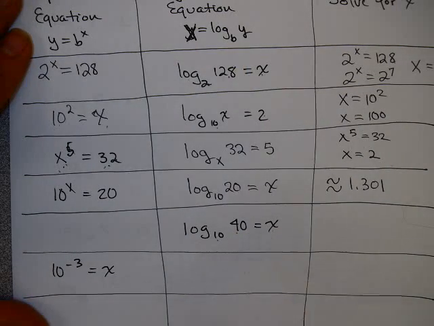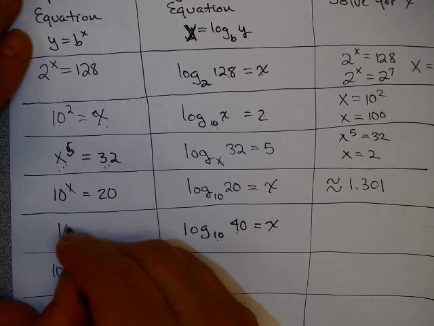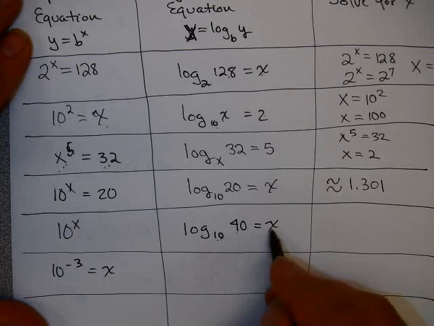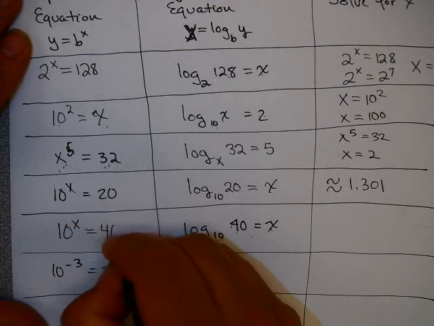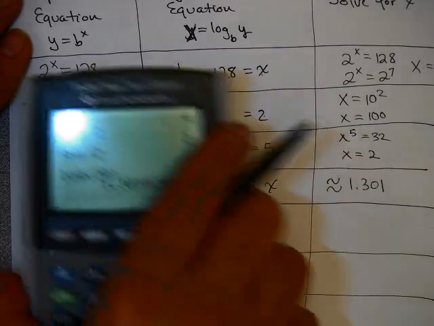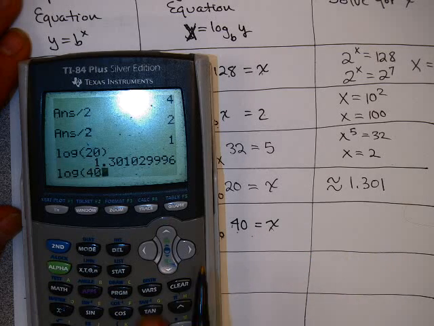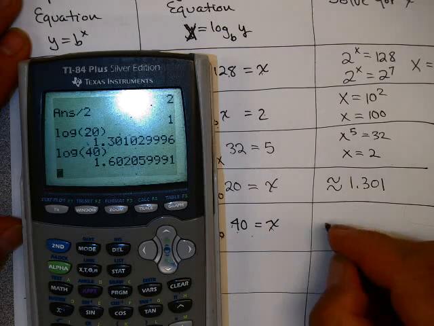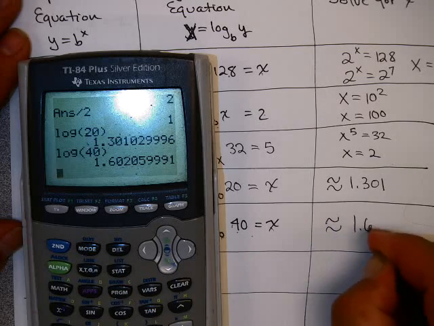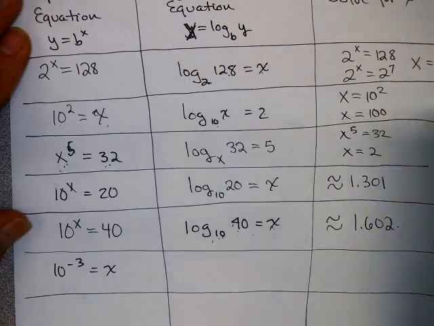Log base 10 of 40 equals x is the same as the exponential function 10 to the x equals 40. Again, because I'm given log base 10 here, I can write down log base 10 of 40, and that gives me approximately the answer 1.602.